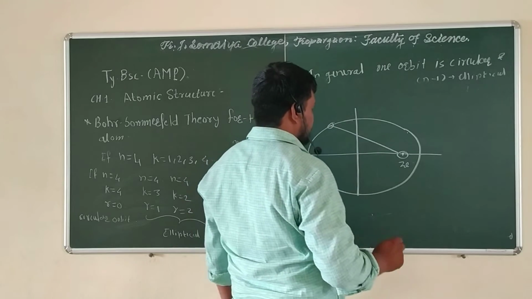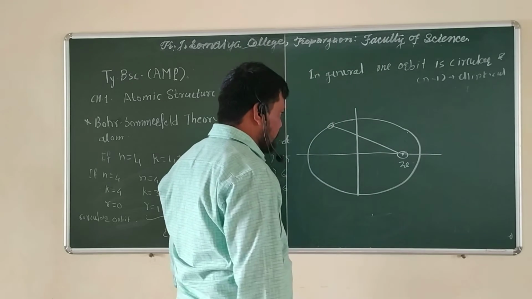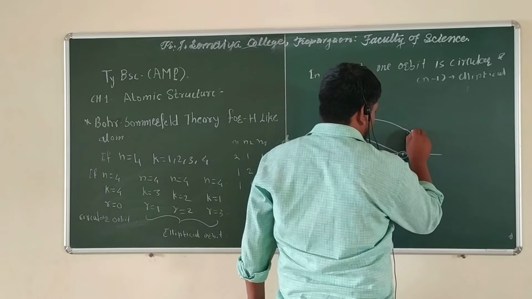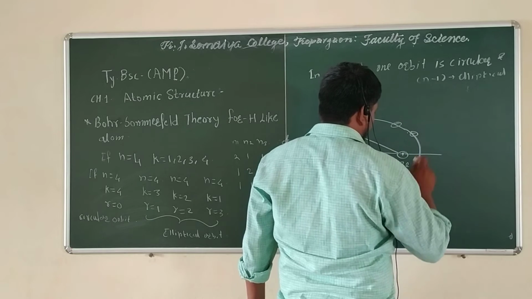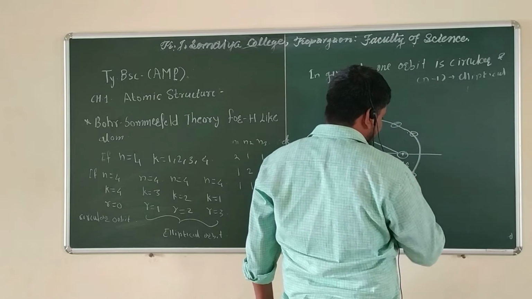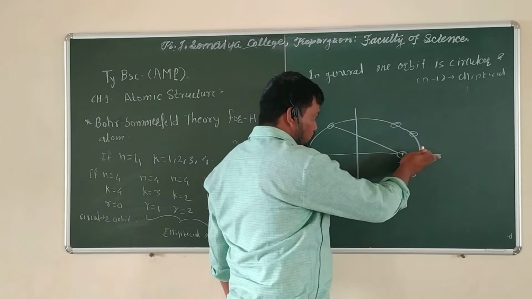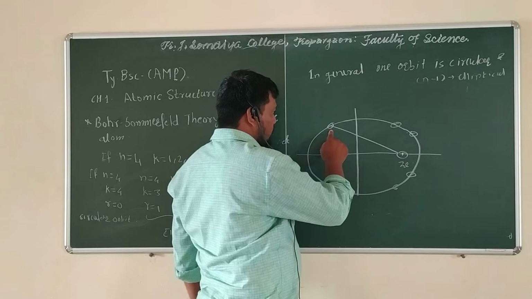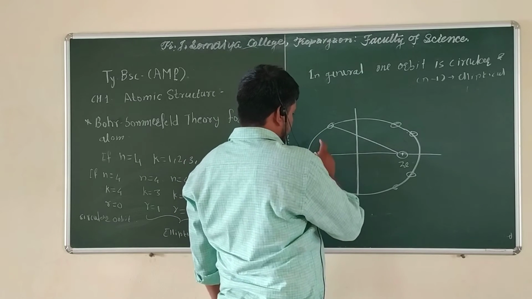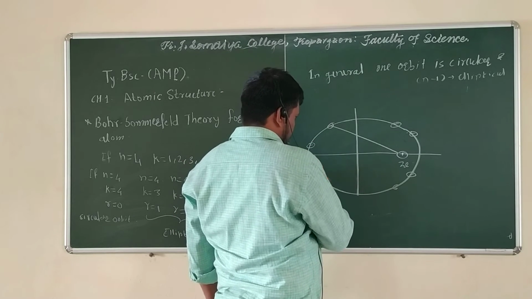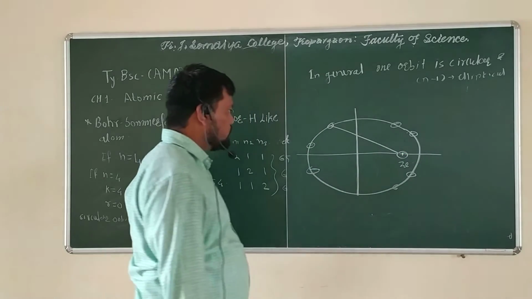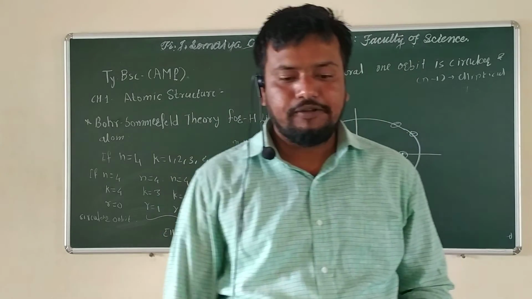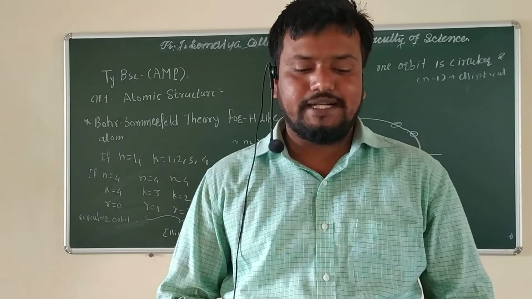The velocity of the electron is maximum when the electron is near the nucleus. If your electron is in the orbit far away from this positive charge nucleus, then your electron velocity is minimum, that is, slower or less.